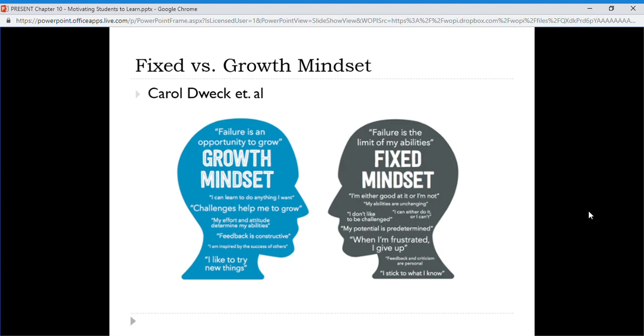Conversely, a growth mindset believes that failure isn't proof of unintelligence, but that challenges and failures are opportunities to grow and develop. So Dweck's research has suggested that the type of mindset or view that you choose to embrace in your life can really affect how you live your life and what happens.